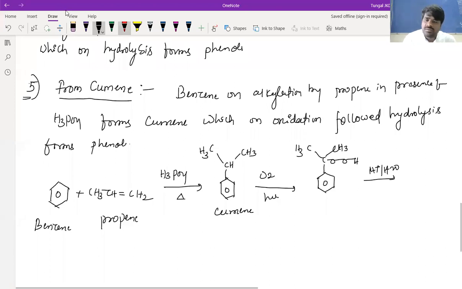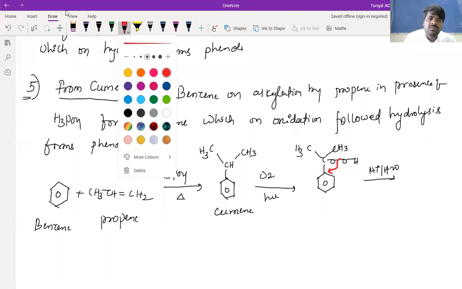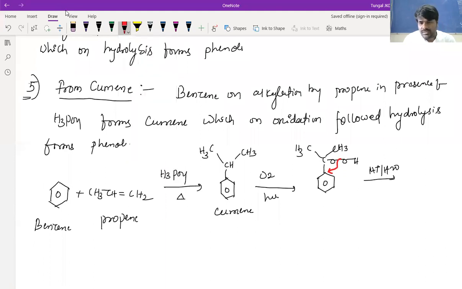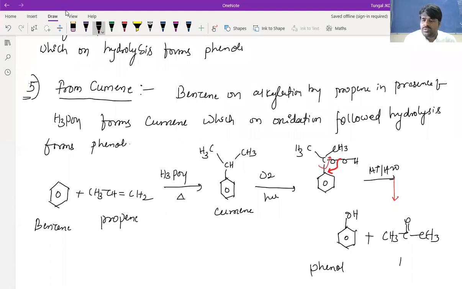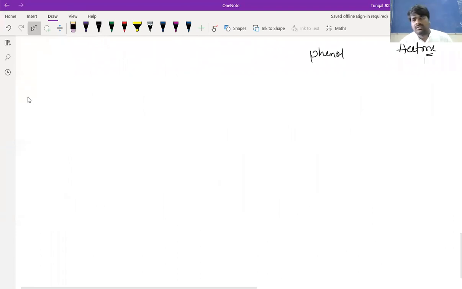This bond comes here, and this bond will be given to this. This is your phenol, and along with it you will get CH3 double bond CH3. This is your acetone. Acetone is obtained as a byproduct.